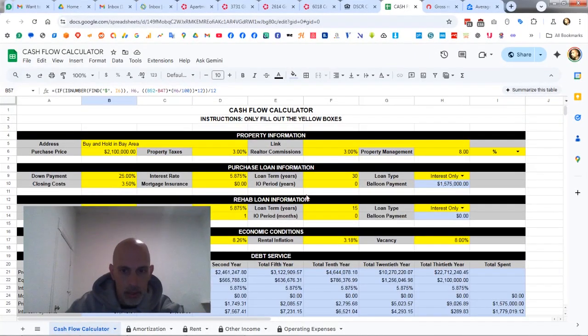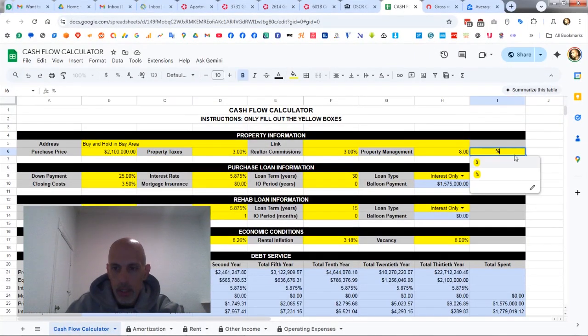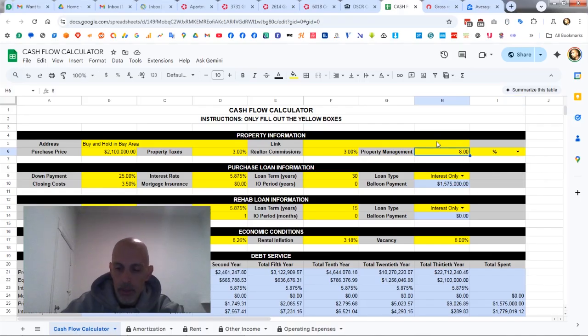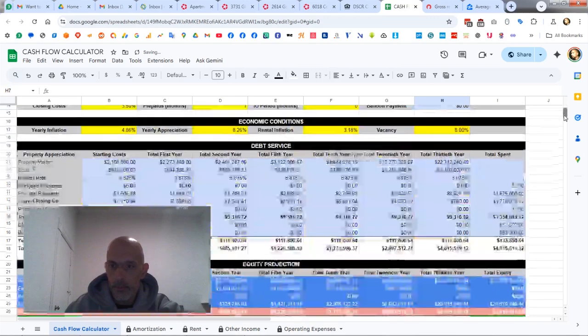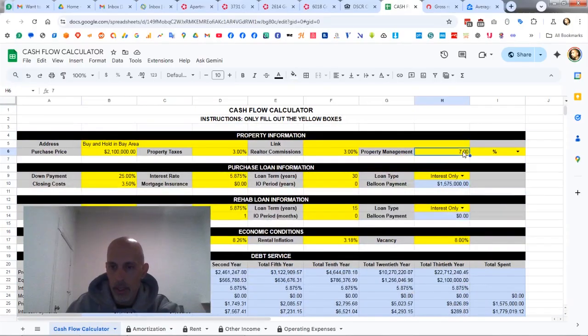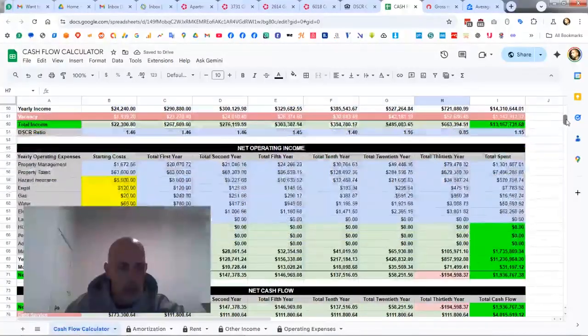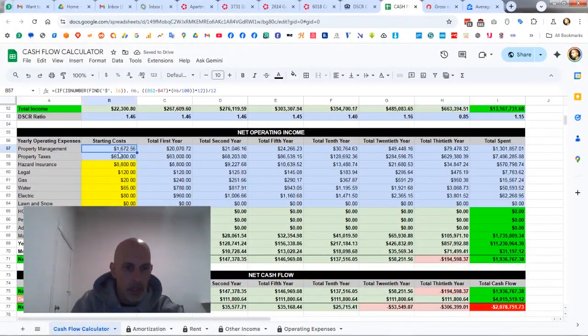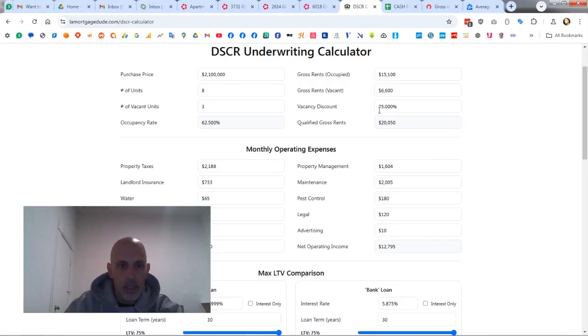So let's see here. $1,561. So let's try to get this at maybe 7.5. What does that show for? Yeah, that's pretty good for property management. Property taxes, $63,000 a year. That doesn't make sense. $2,188.